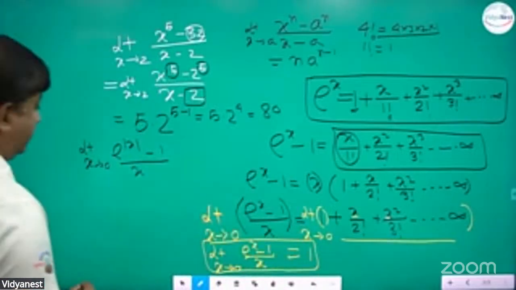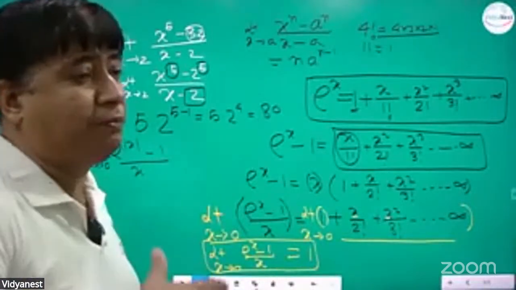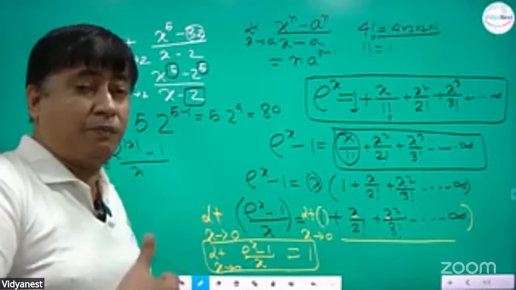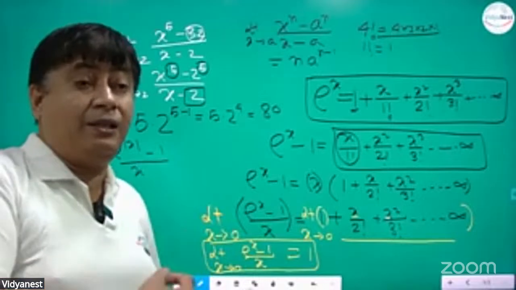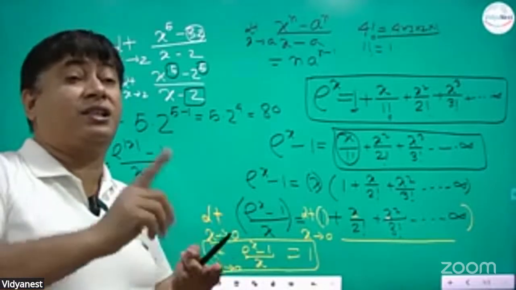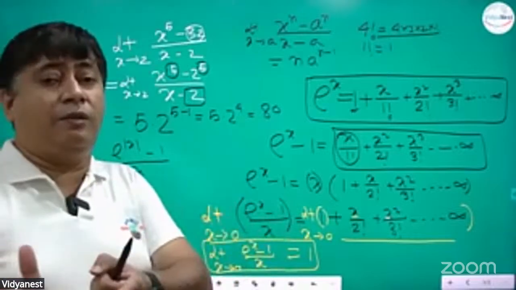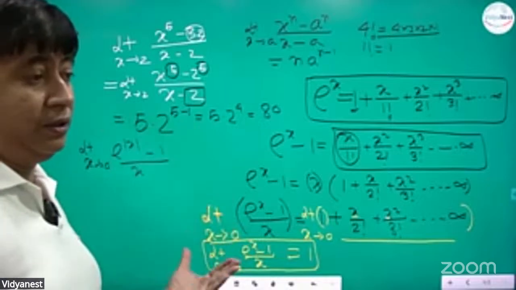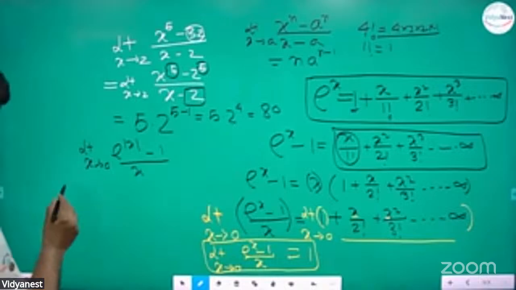Suppose one patient is shifted to a hospital. Now the hospital will admit the patient if the patient is alive. So whether he or she is alive or not, that will be examined. Then the patient will be admitted. Here we'll examine whether the limit exists or not. Then we'll find the value. Understand?